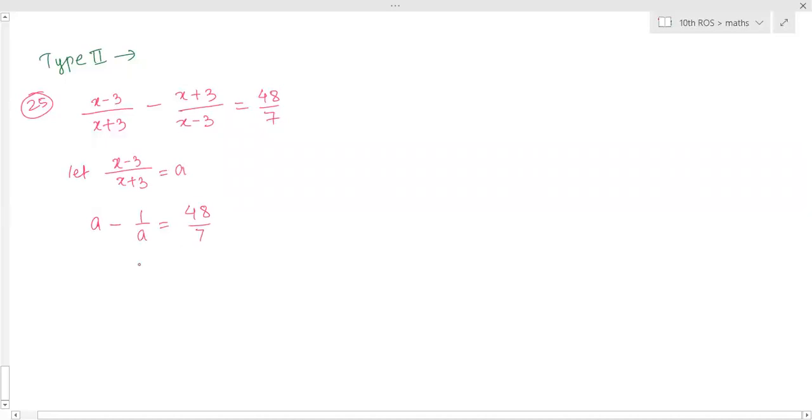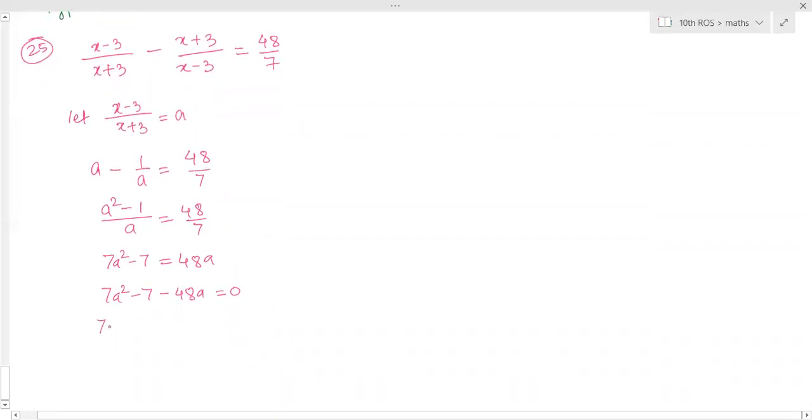First find the value of a. Cross multiply: 7a square minus 7 is equal to 48a. In proper order: 7a square minus 48a minus 7 is equal to 0.